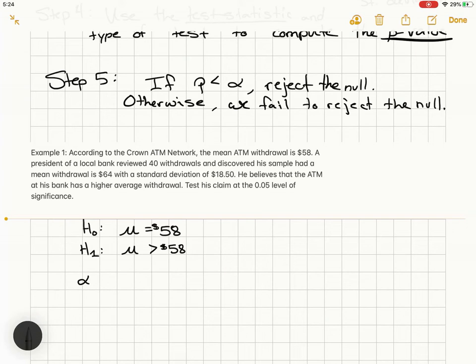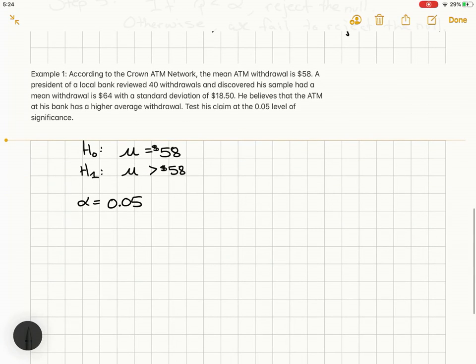So in step 2, we pick an alpha. That's already been picked. Alpha is our significance level. Now we're going to find a test stat. So our test stat is x bar minus mu naught, over s divided by square root of n.